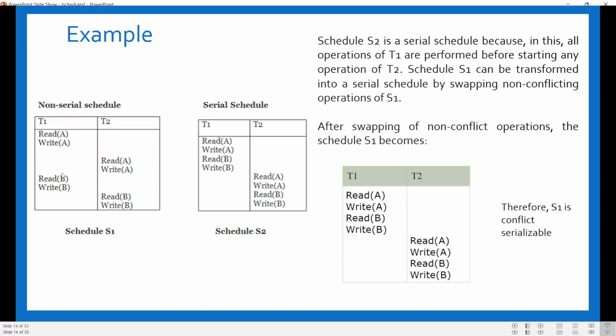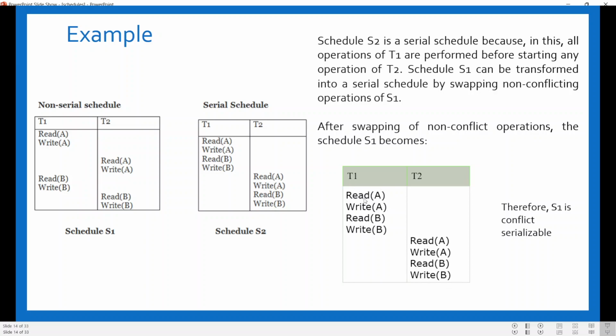So after read A, write A, we can put this read B and write B, because it is non-conflicting with transaction T2. We just shift this up, and then we continue with read A, write A of T2. After swapping the non-conflicting operations, schedule S1 becomes read A, write A, read B, write B, and then T2.